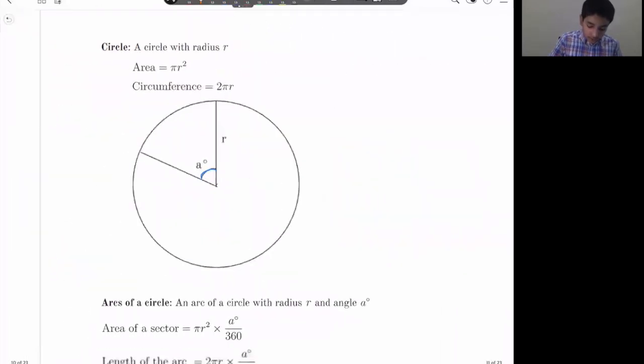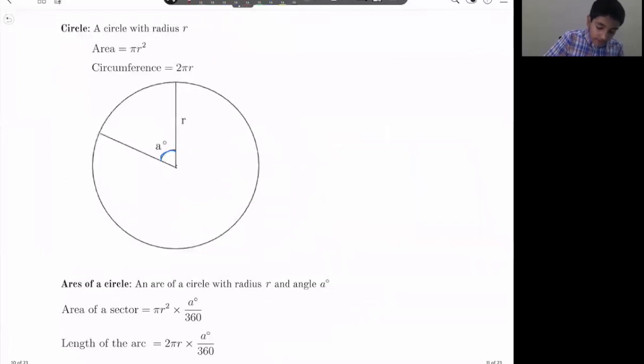And for circles, the area is pi r squared, the circumference is 2 pi r, where r is radius, and something that comes up on the AMC often is instead of taking the whole circle, you only take some part of a circle. So let's say we have an a-degree sector. So let's say we only take a out of 360 degrees.